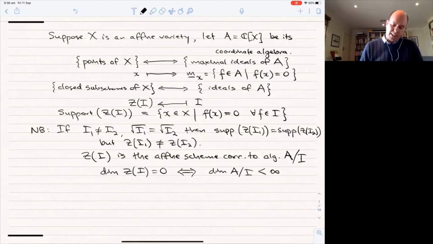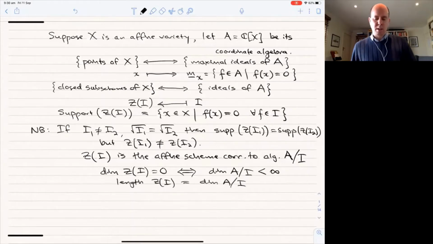And in fact, the length that I spoke about is just the dimension of this quotient. So in the affine case, when X is an affine variety, you can translate everything I said into questions about the coordinate algebra A, as you would expect.